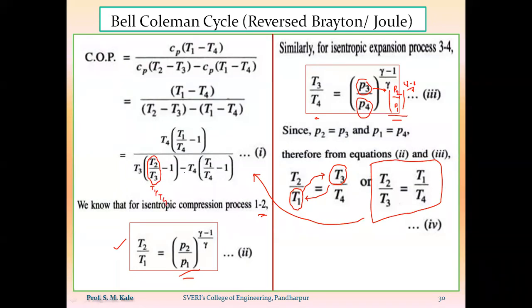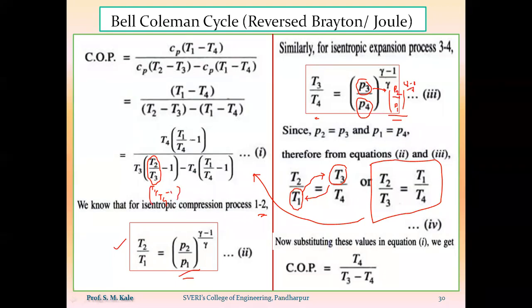So T1 by T4 minus 1 will be a common term in the numerator and denominator, this term will get cancelled, and finally I will get COP is equal to T4 divided by T3 minus T4.